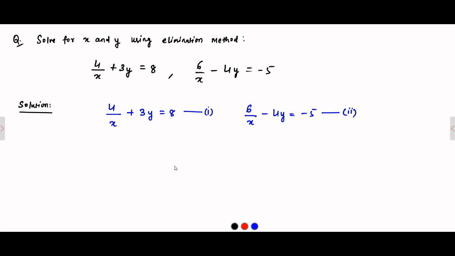equation 2. So here again, like we did in the questions related to the substitution method, we have to introduce some additional variable substitution for this variable x which is present in the denominator to modify this equation.